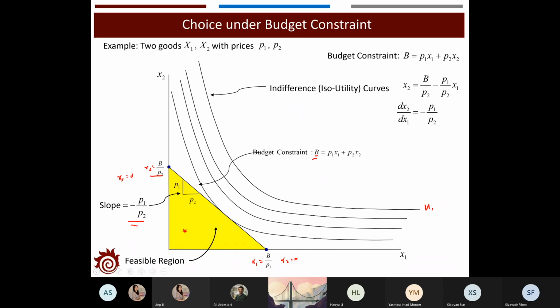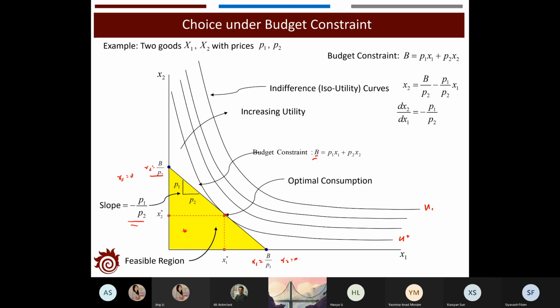Eventually you can find an ISO utility curve which will be tangent to the budget constraint line, and this tangent point will give you the optimal consumption, which will give you the highest utility, with feasible solutions.